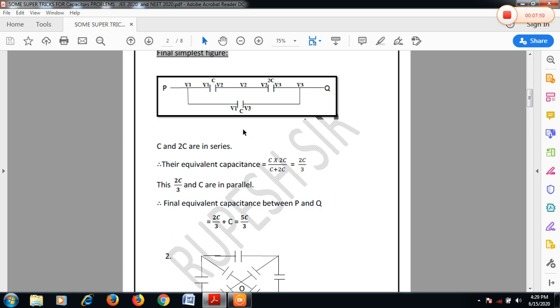With this 2C by 3 capacitance, we have another capacitor of capacitance C in parallel between the points P and Q. So the equivalent capacitance between P and Q is 2C by 3 plus C, which results in 5C by 3.